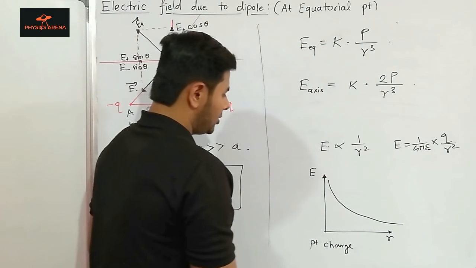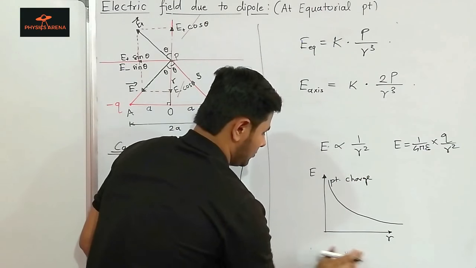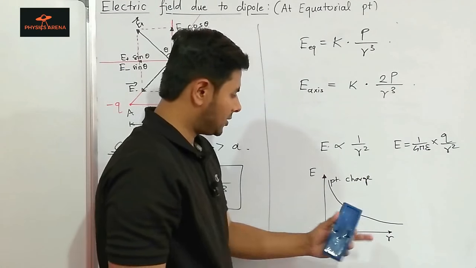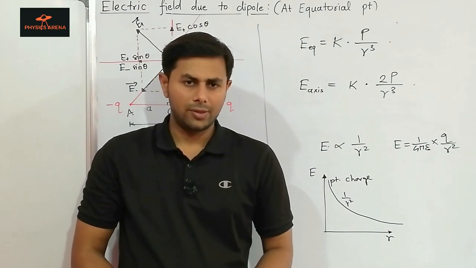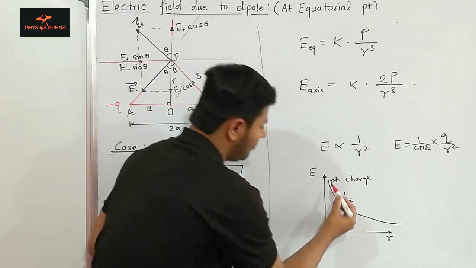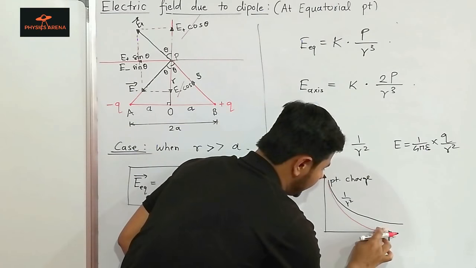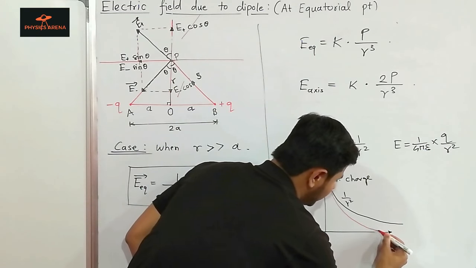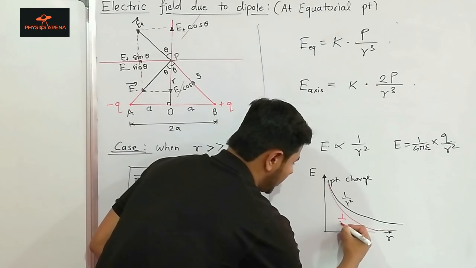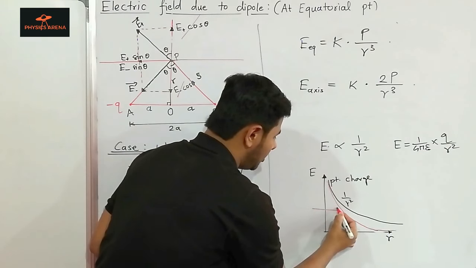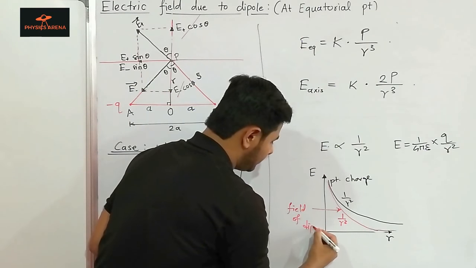Okay, so this is for a point charge, 1 over r squared. For a dipole, the graph will be something like this. It will decay faster compared to this field. So it will be something like this. So this is 1 over r cube, and this is the field of a dipole.